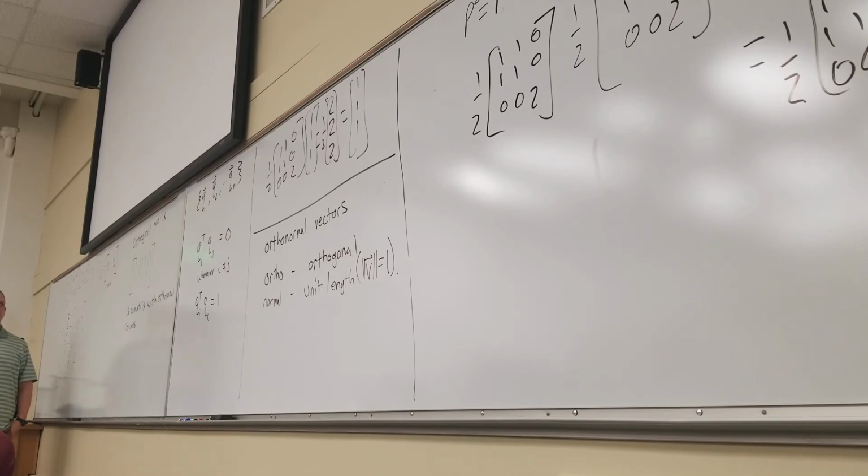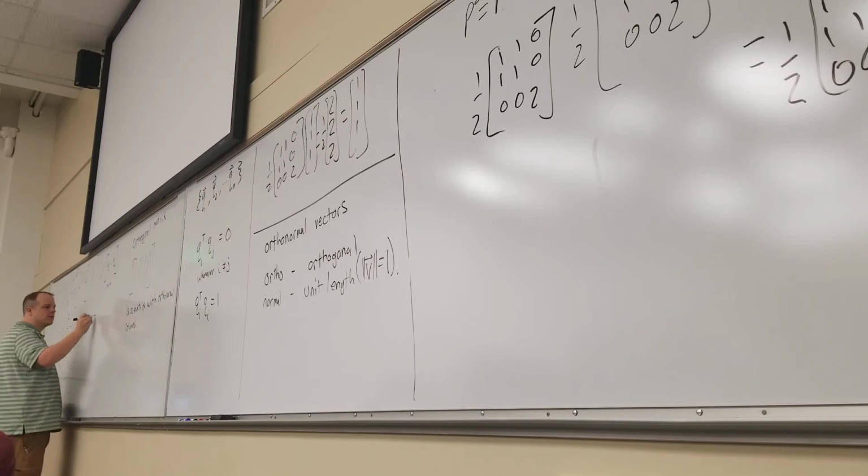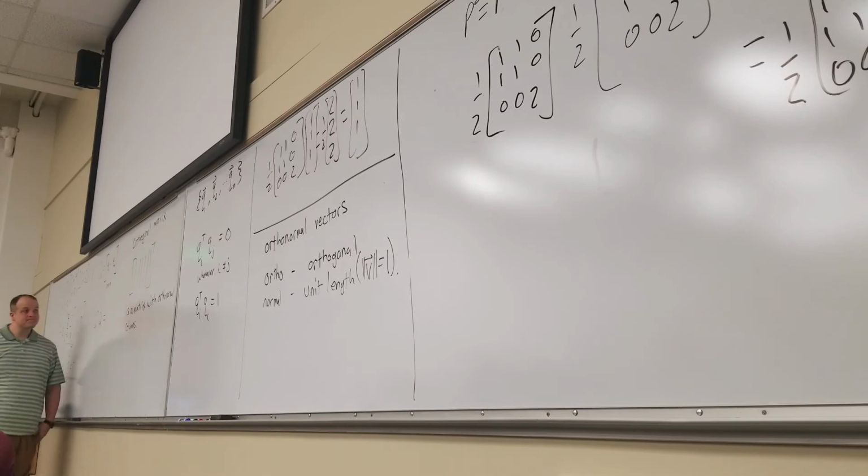Let me just tell you that Q is a square matrix. Okay. Can you calculate Q transpose Q? Would that mostly be a matrix full of ones? Yeah, so that's one thought.